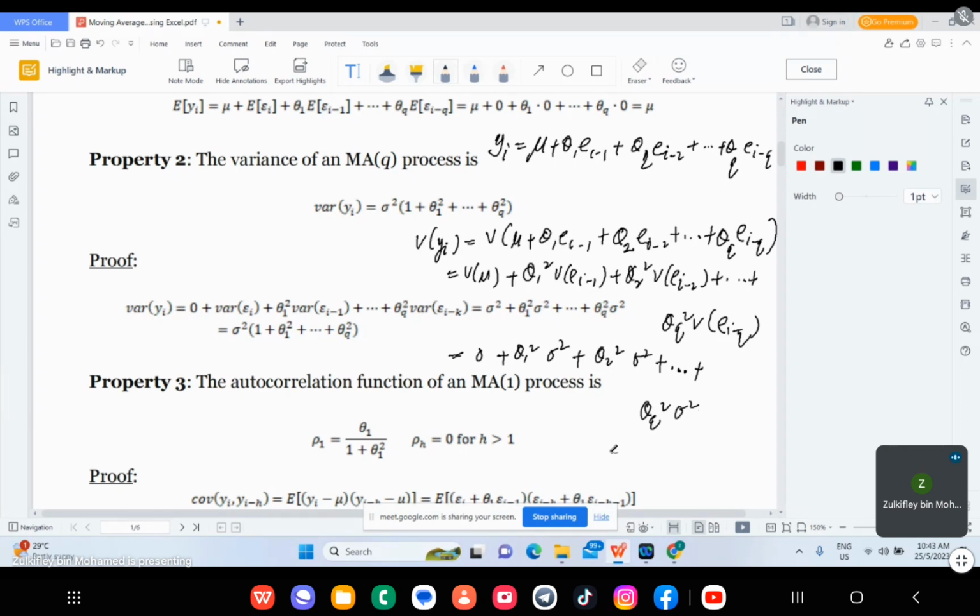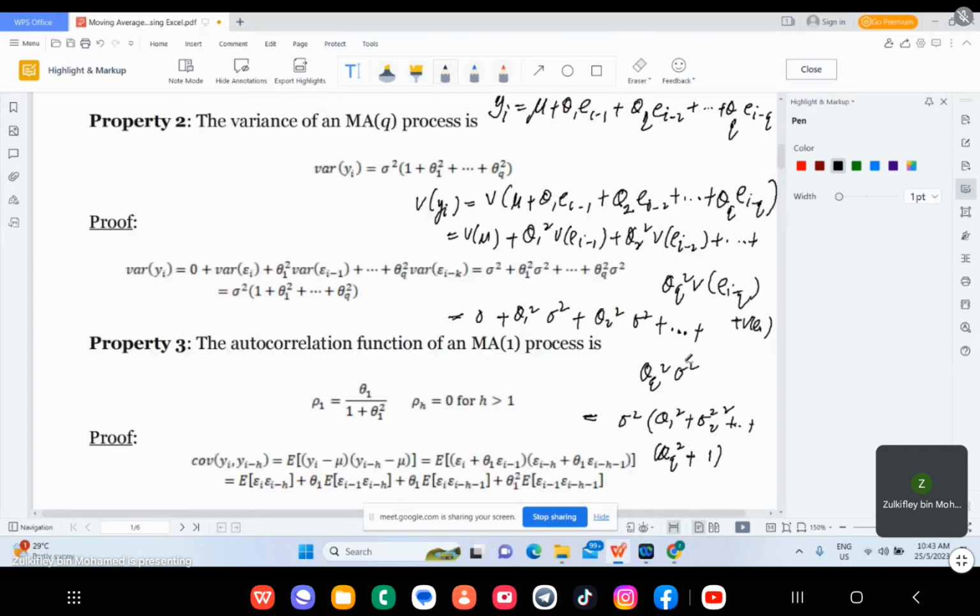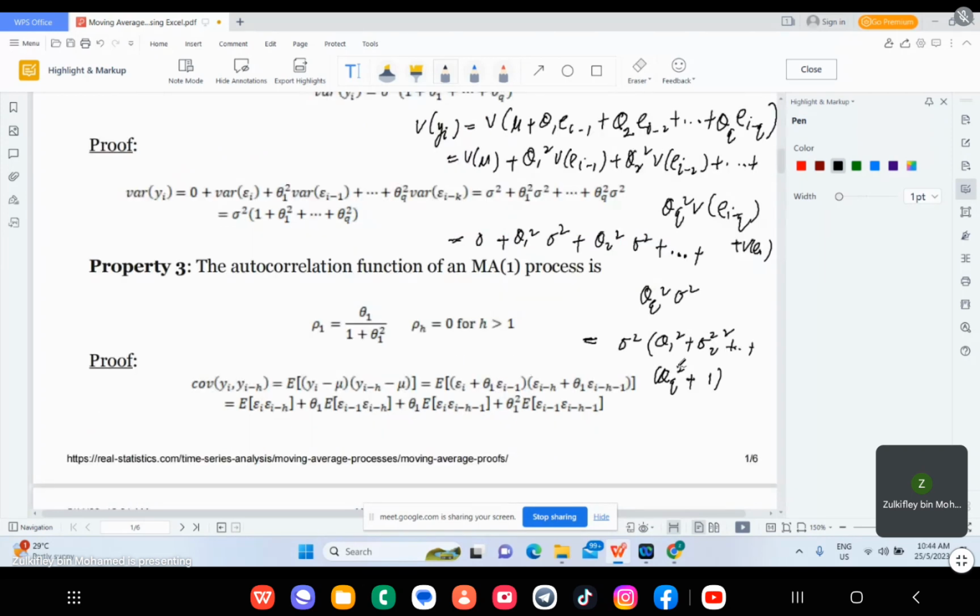So if you simplify this equation, you will have sigma square, theta 1 square plus theta 2 square plus theta 3 and so on and so forth, plus theta Q square. We have one more, the last one, I add the variance of epsilon I. So plus 1. This will give, this is the final answer, plus 1.